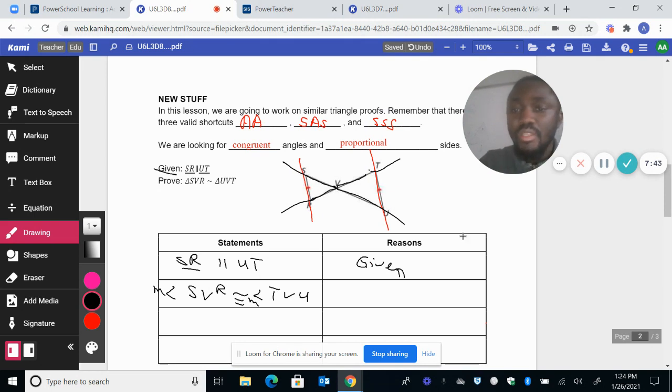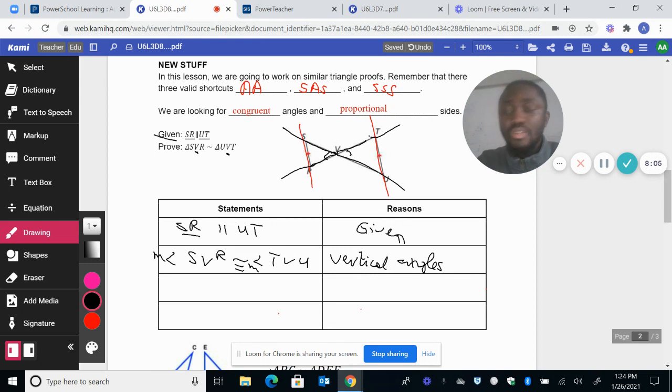As you can see, this angle here is the same as this angle here because V is the midpoint, the point of contact. The angles formed there are vertical angles, and you all know vertical angles are always congruent.